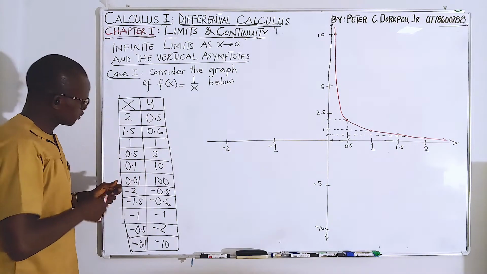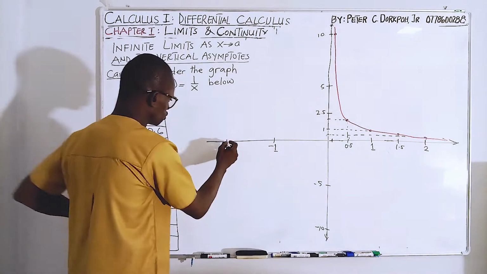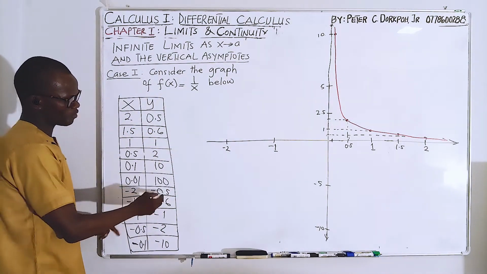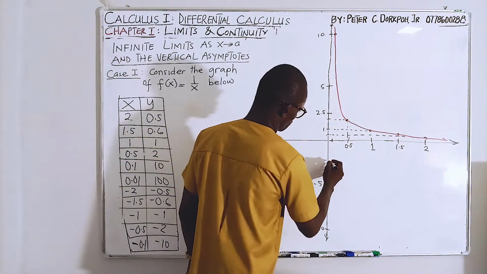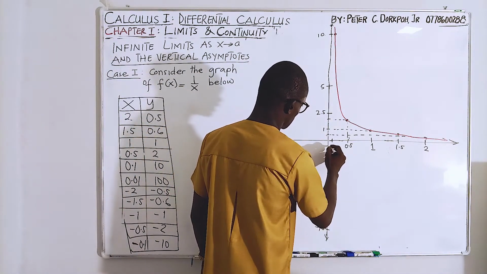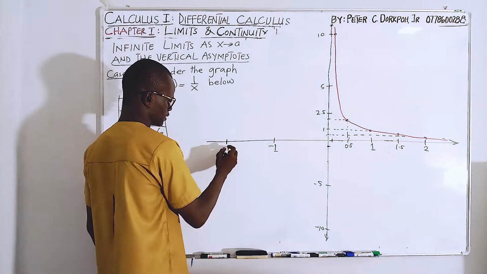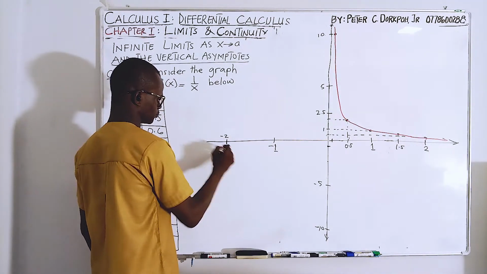Right? Now let's look at the negative portion. When x is minus 2, y is now negative 0.5. So assuming that you have negative 0.5 around here.